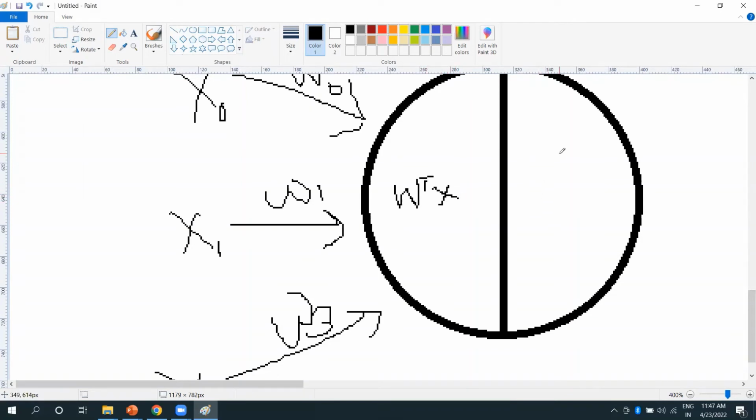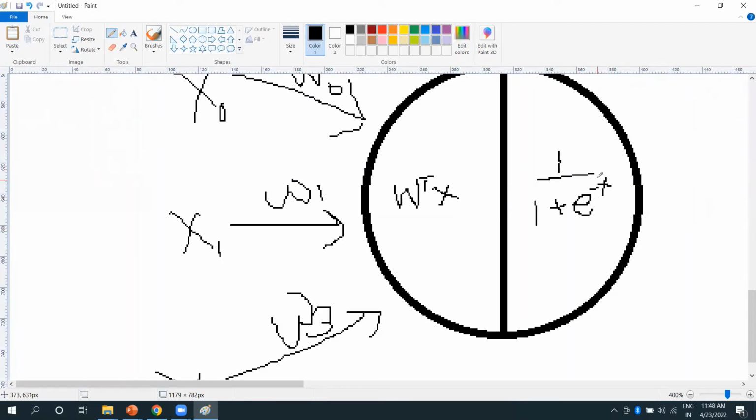Now if you pass it through the sigmoid function, 1 over 1 plus e to the power minus x, what would happen? What does the sigmoid function do to values when you pass them to it?